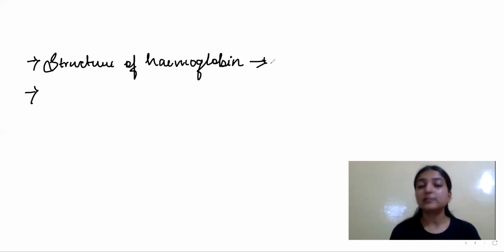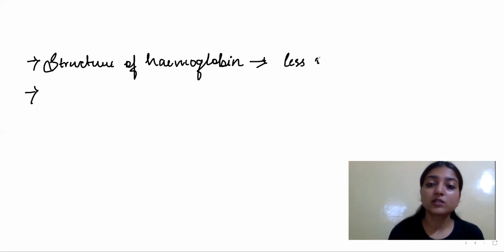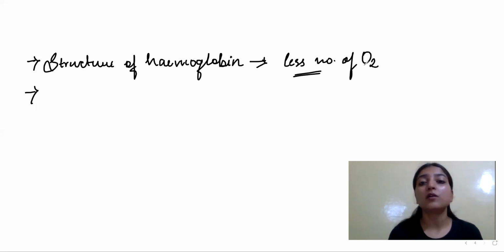Because of this, when the structure of the hemoglobin gets affected, it carries fewer oxygen molecules as compared to what it was taking up previously, right? So now it is taking fewer oxygen molecules.